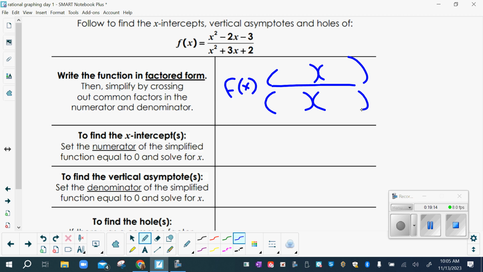It's just factoring. It's not scary. It's nothing hard. Factors of 3 that subtract to be 2: 3 and 1. Factors of 2 that add up to be 3: 2 and 1.